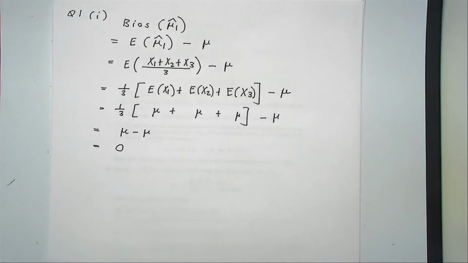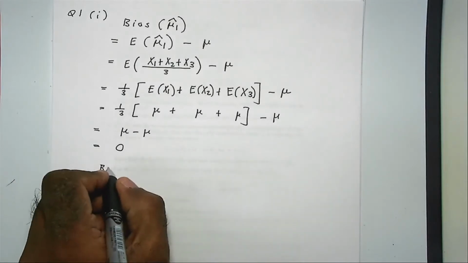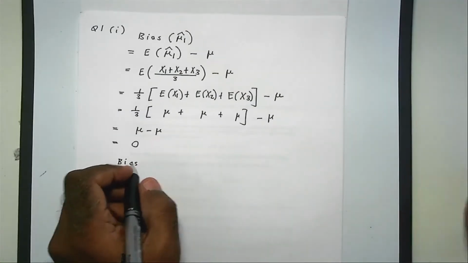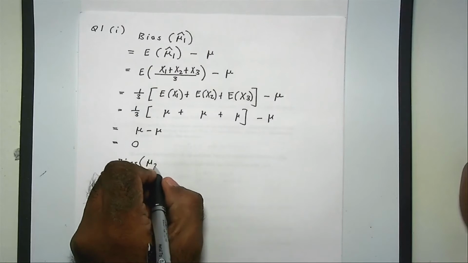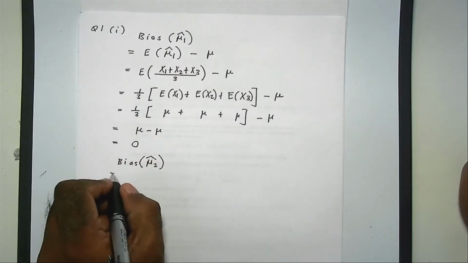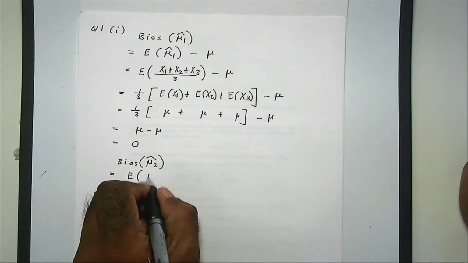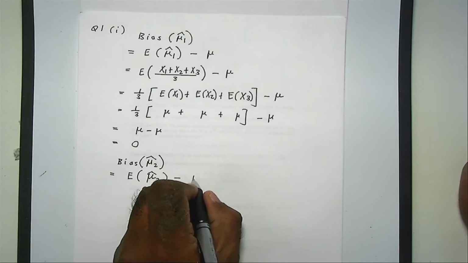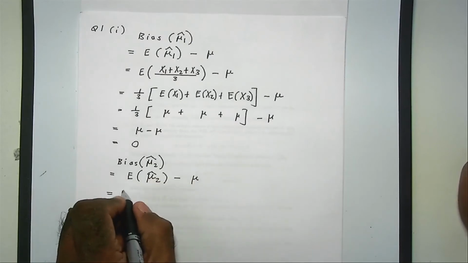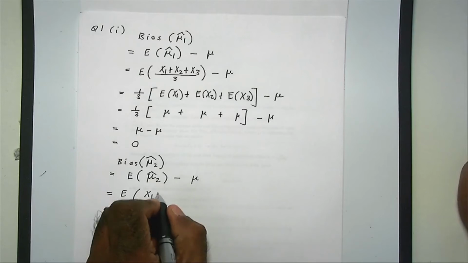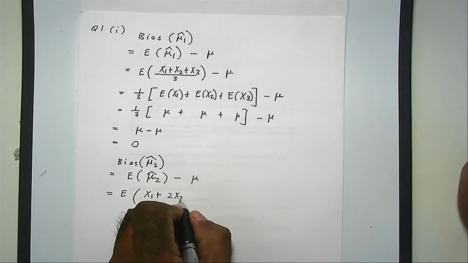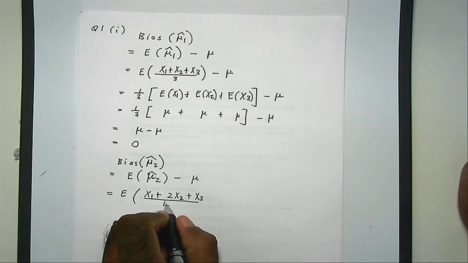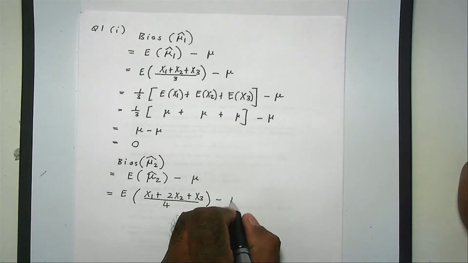Now let's look at the bias of the second estimator. Okay.